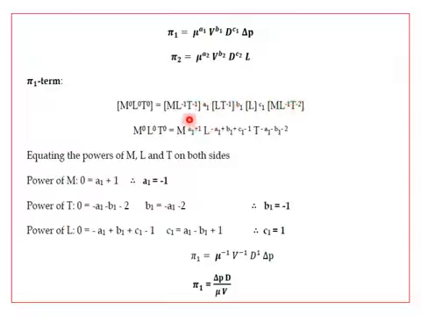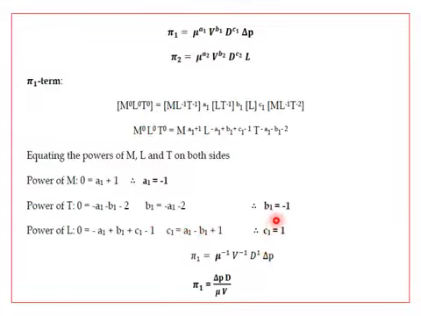Now equating the powers of M, a1 plus 1 is 0, so a1 is minus 1. Equating the powers of T, we get minus a1 minus b1 minus 2 should be equal to 0. We know the value of a1, which is minus 1, so we can substitute and get b1 as minus 1. We equate the powers for L and substitute the values of a1 and b1, so we get c1 as 1.